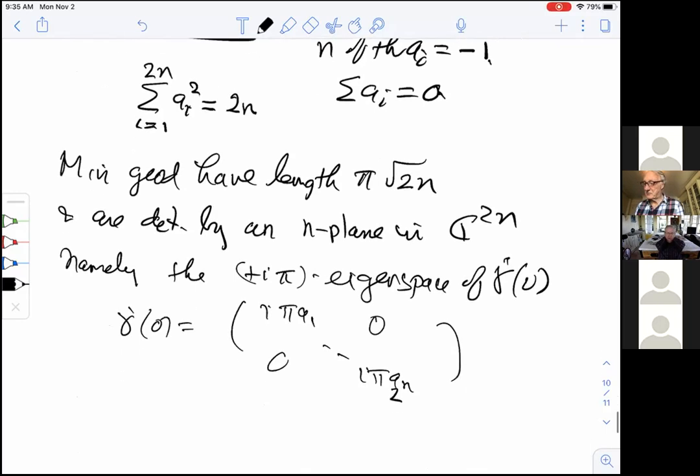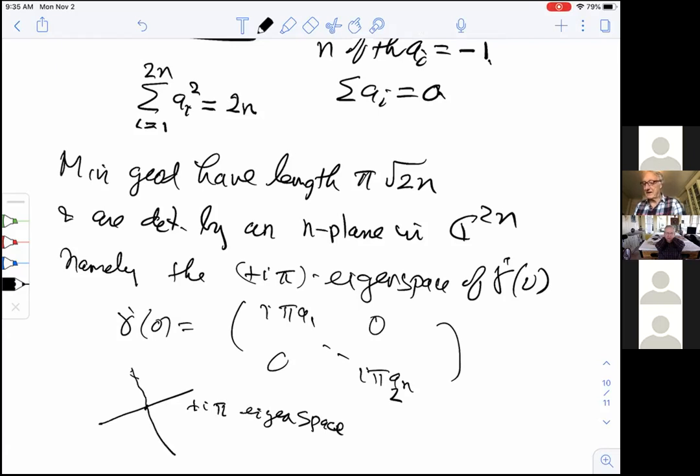So I see two subspaces inside C^2n: the n-dimensional subspace spanned by the vectors where ai is positive, and the n-dimensional space spanned where ai is negative, and those are perpendicular. So the invariant is the plus i pi eigenspace, which is one of the coordinate hyperspaces for this diagonal matrix.